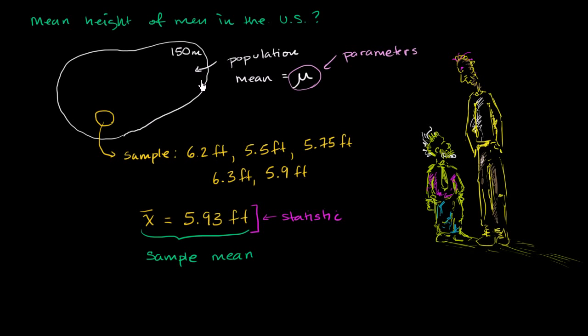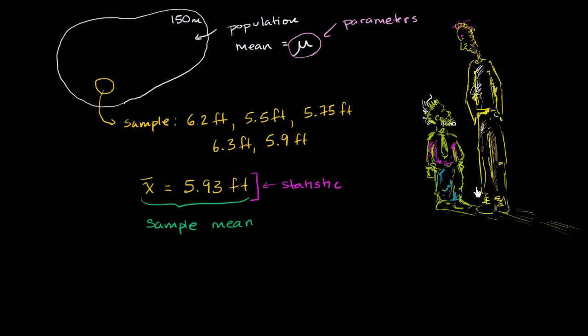So how do mathematicians talk about an operation like that? Adding up a bunch of numbers and then dividing by the number of numbers. Well, let's first think about the sample mean, because that's where we actually did the calculation. So a mathematician might call each of these data points, let's say they'll call this first one right over here x sub 1, they'll call this one x sub 2, they'll call this one x sub 3.